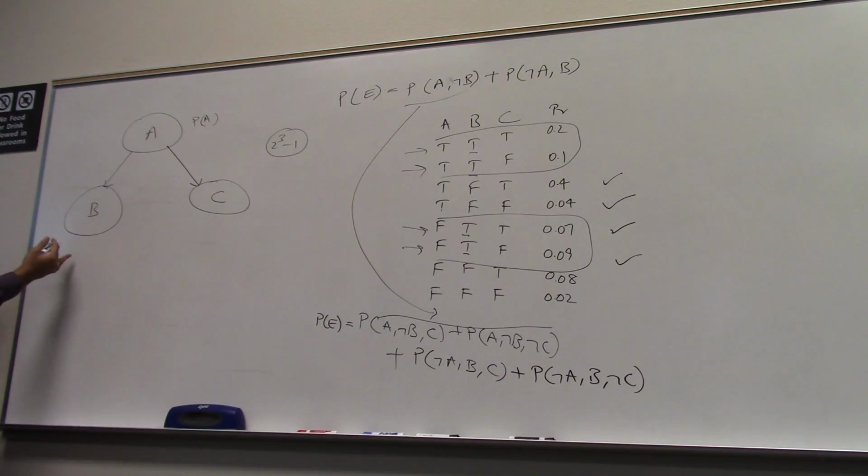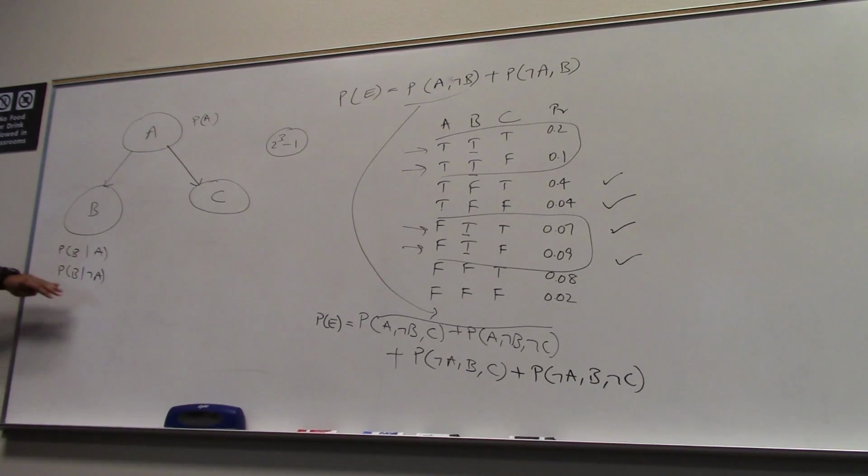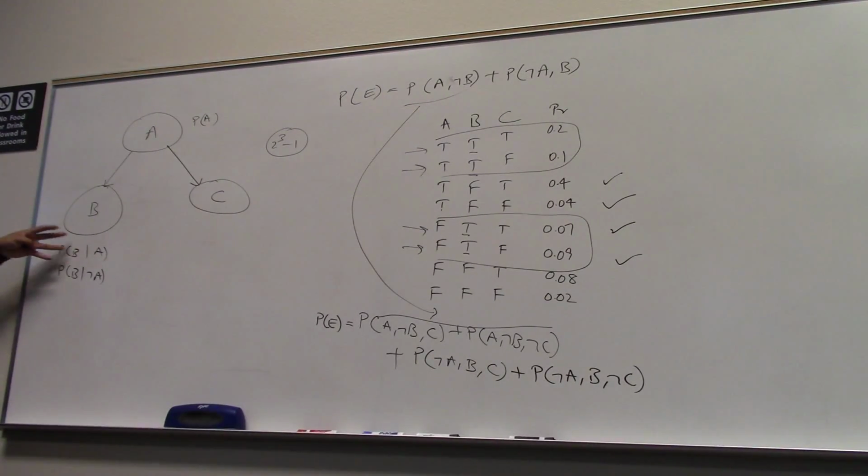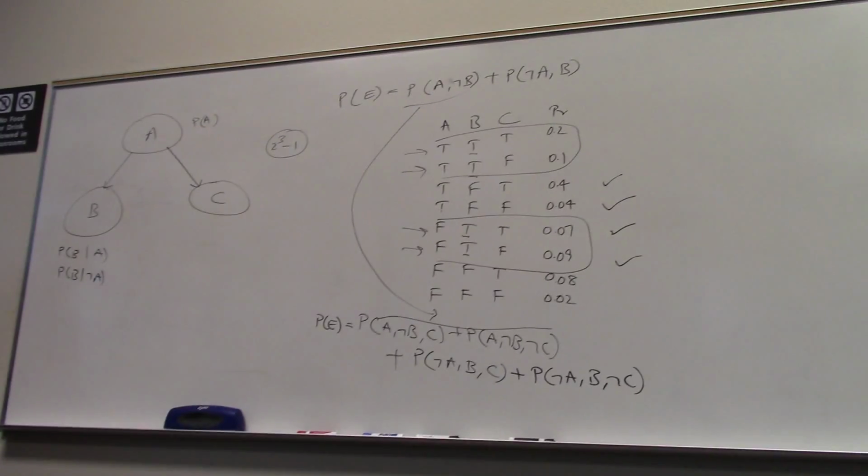Similarly, somebody just needs to tell me the probability of B given A and the probability of B given not A. When A is happening, what is the probability? When A is not happening, what is it? Here C doesn't come into the picture because whether B happens is independent of C given A. This is all the information we need.